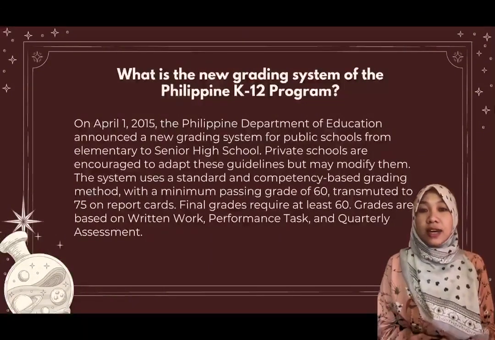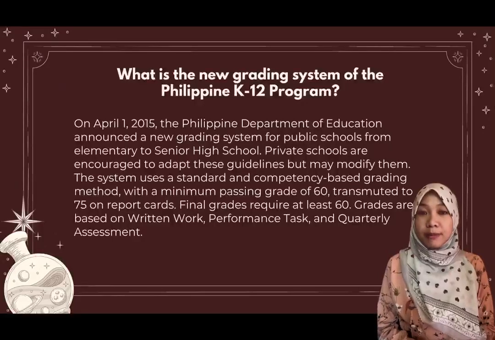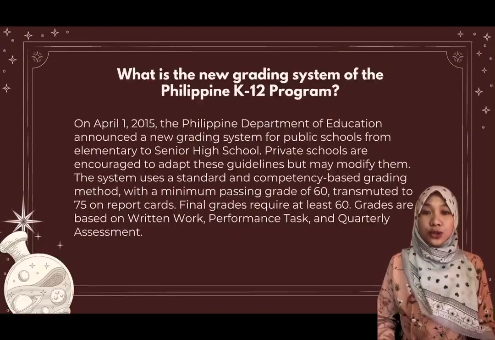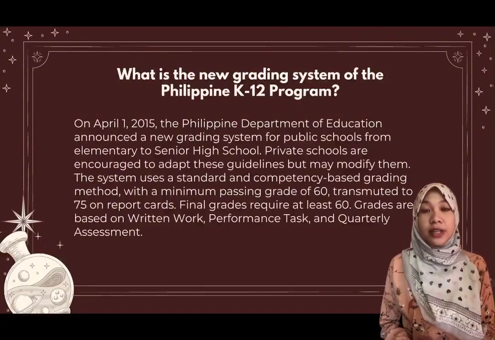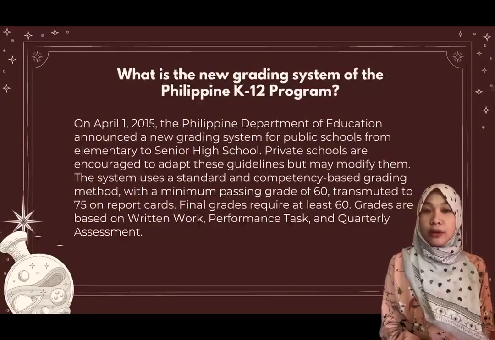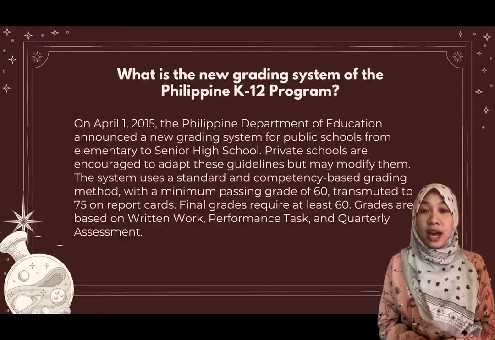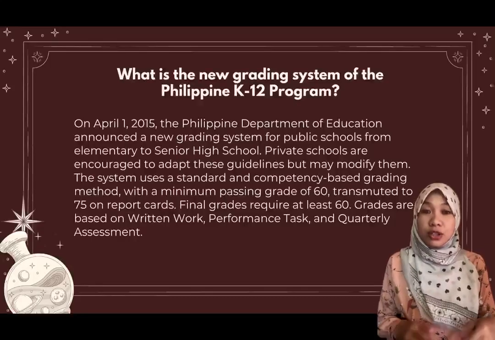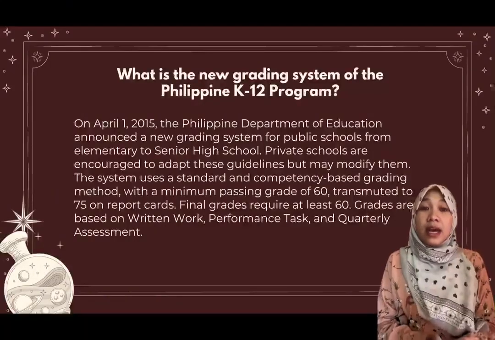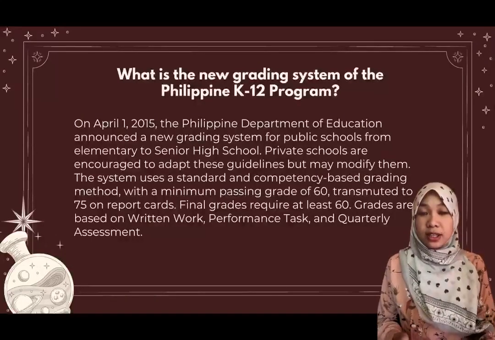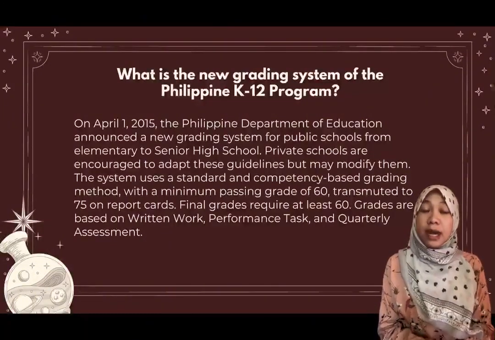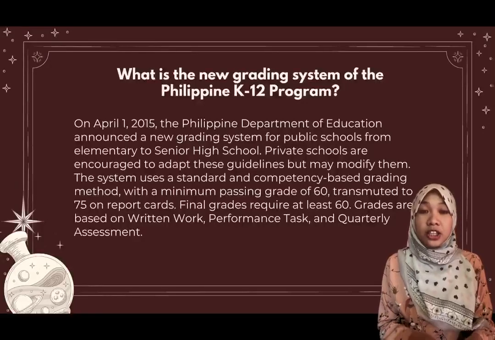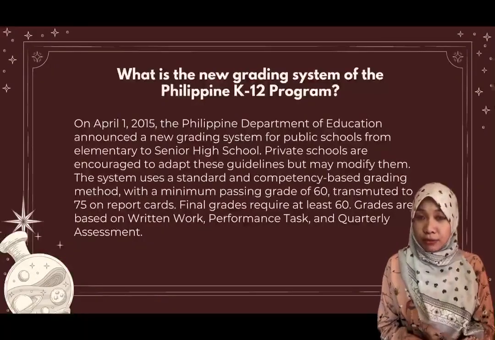Okay, so the Philippine Department of Education introduced a new way to grade students from kindergarten to high school. Schools don't have to stick to it exactly, but they can adjust it to fit their own goals. The passing mark on a test is 60, but on report cards it shows as 75.